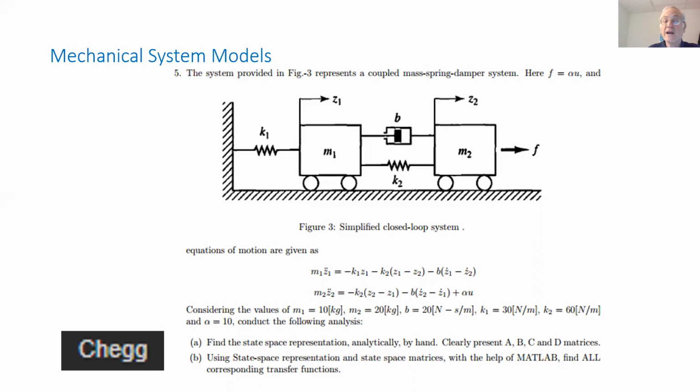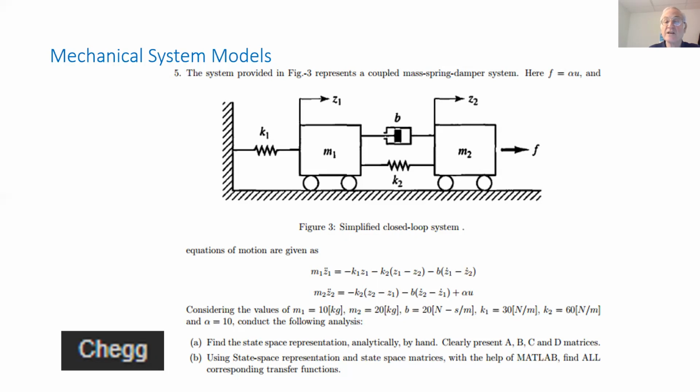And then when M2 has been driven to Z2 and Z1 is also driven, then the difference of Z1 minus Z2 is a force in the opposite direction on K2.